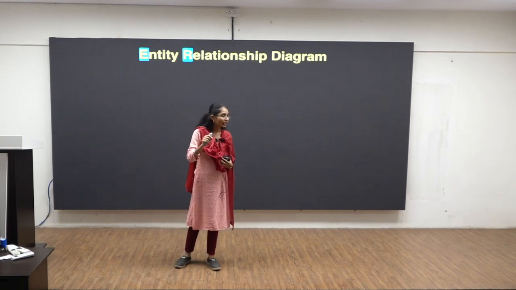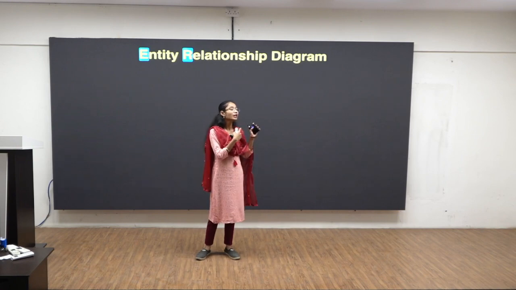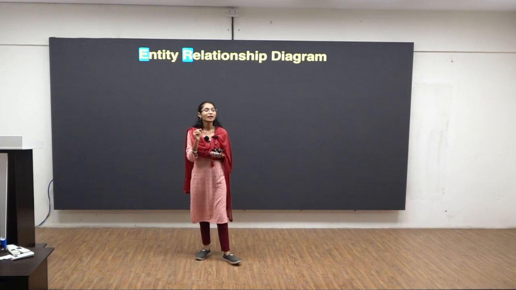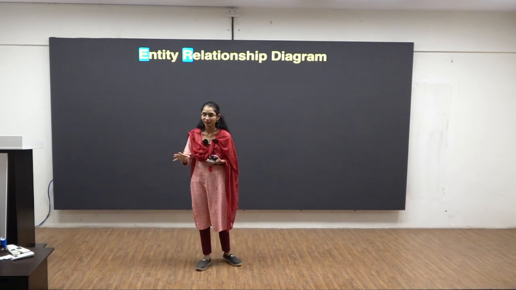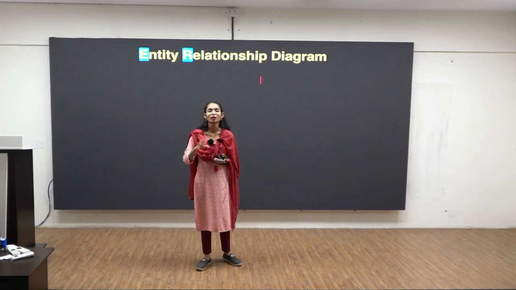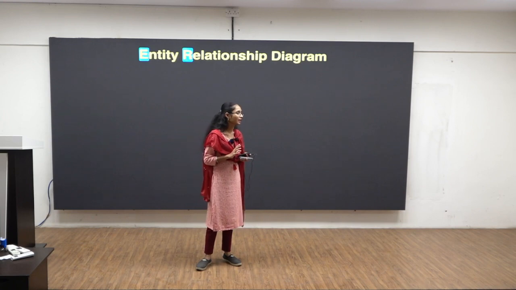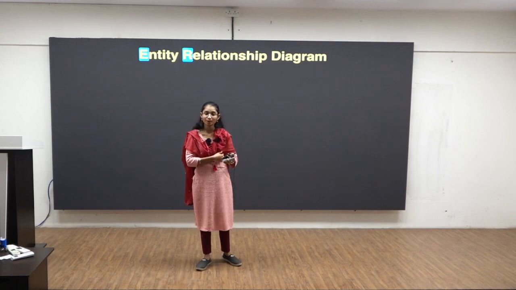That planning is done through the ER diagrams. In other words, it's a plan for how you have to construct your table and how you have to put the data inside it.